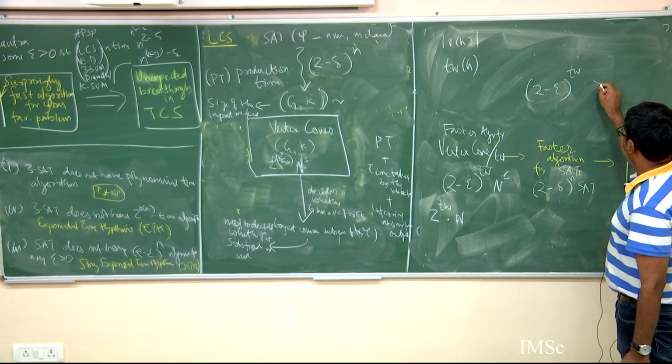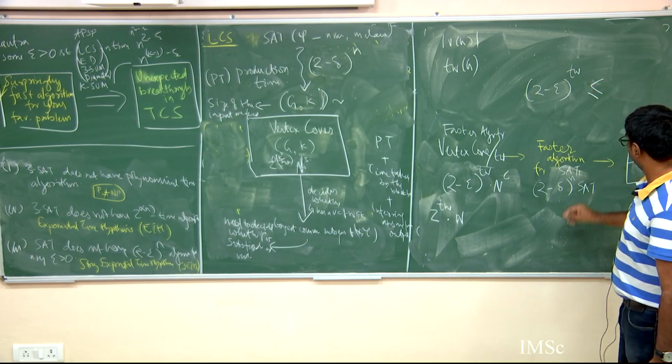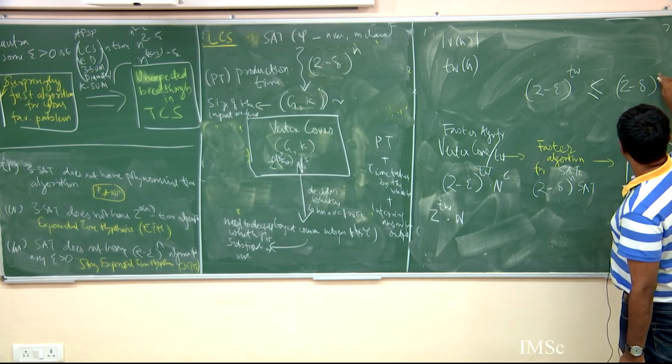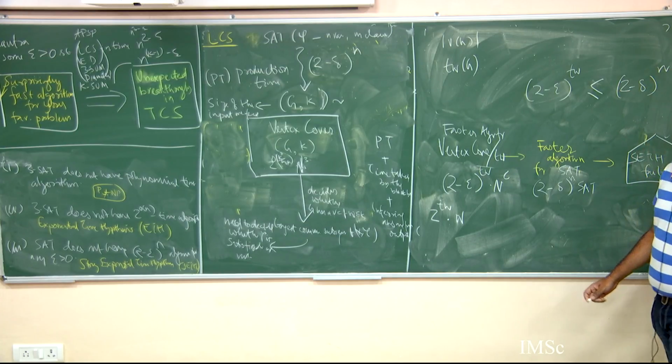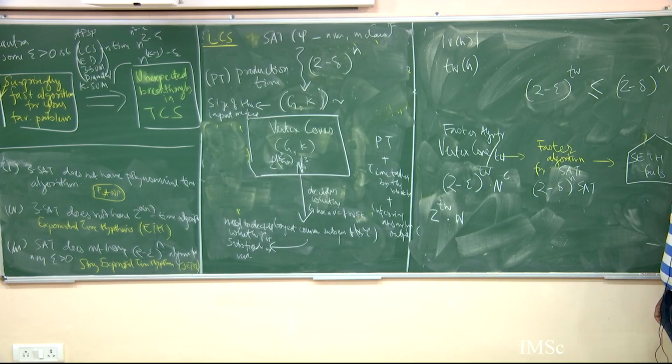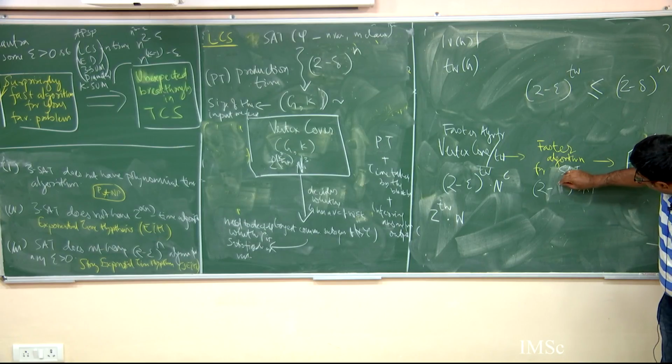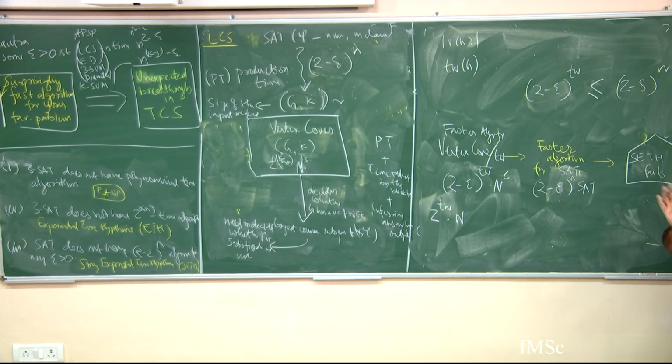It should be less than or equal to 2 minus delta to the power n. Now there's an epsilon, there's a delta. To make our life easier, let's also call it epsilon. It doesn't matter, right? Then what does it tell us? The tree width should be n.